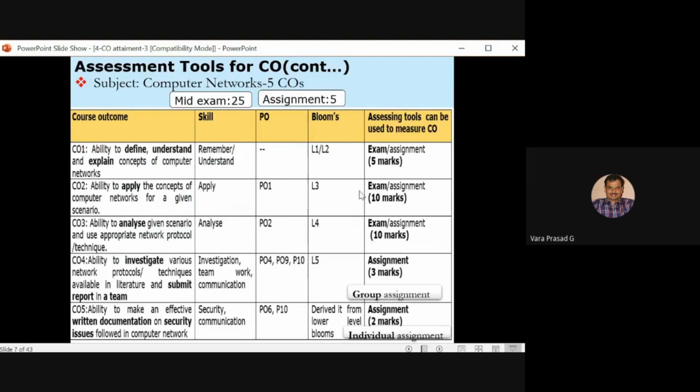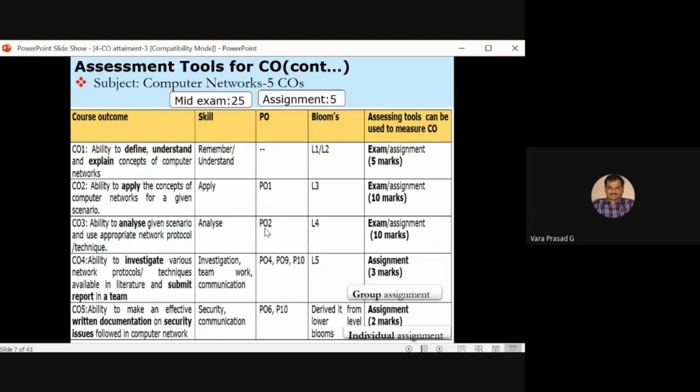In the exam or assignment, if you are giving any Bloom's level 3 questions, like estimate, calculate, find, those types of questions, we can easily identify by seeing them in a question paper whether it is Bloom's level 2 or level 3. So if you give any Bloom's level 3 questions, you can map them to CO2. Now, CO3 mainly emphasizes analyze level skills.